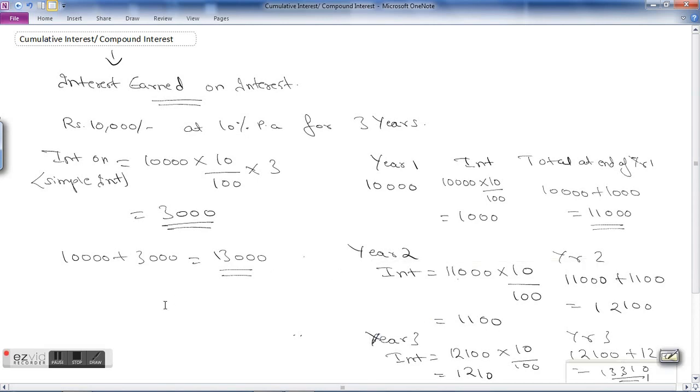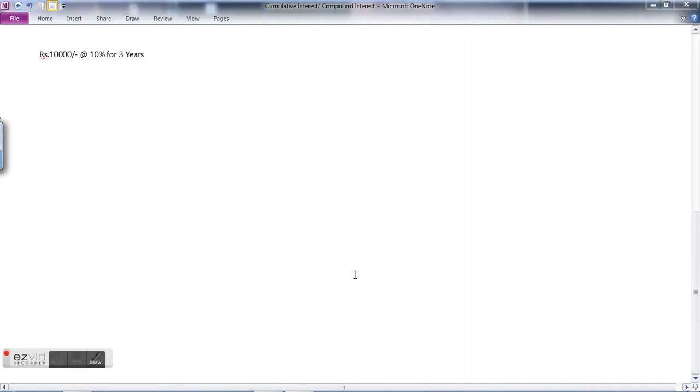Now we'll see the formula for calculating compound or cumulative interest. Since we are earning interest on interest, the amount that will be received at the end of the year will include your principal amount plus the cumulative interest.